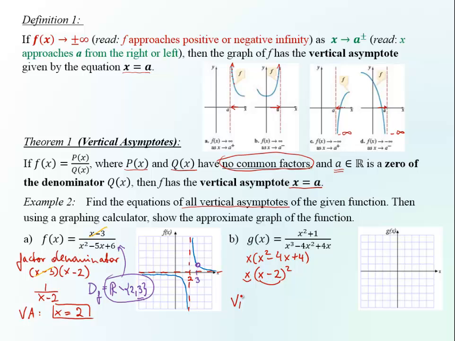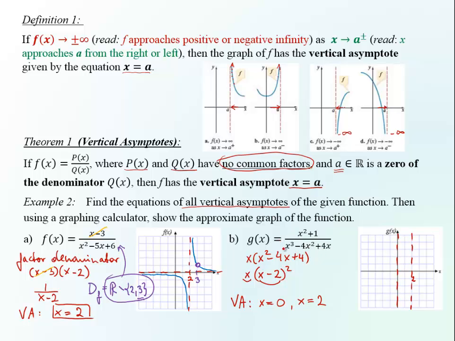So all equations of vertical asymptotes for this graph are as follows: x equals 0 because of this x, and x equals 2 from the second bracket. So let's graph these two asymptotes. x equals 0 is the y-axis, and x equals 2 somewhere here. That's 2.